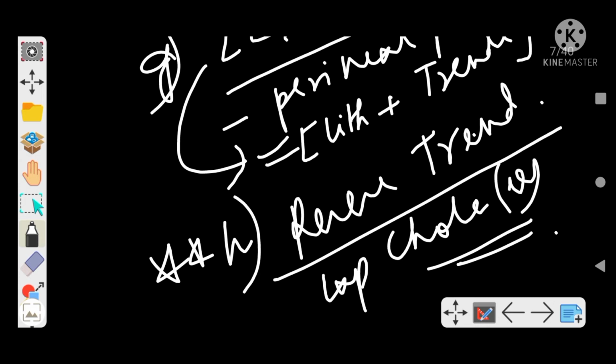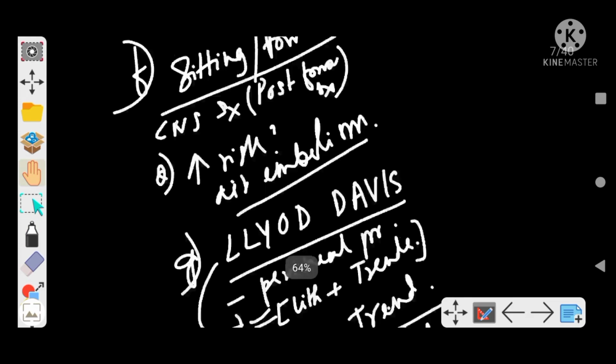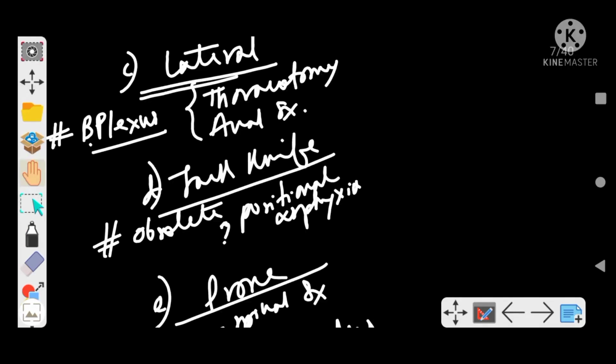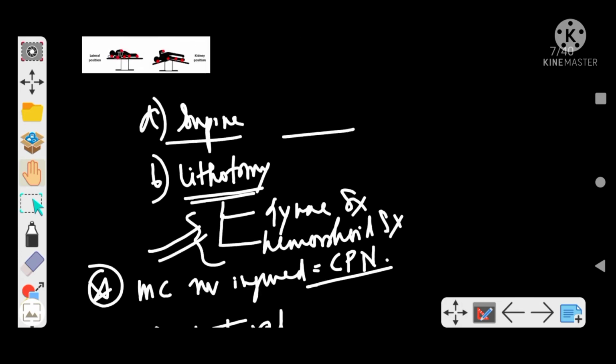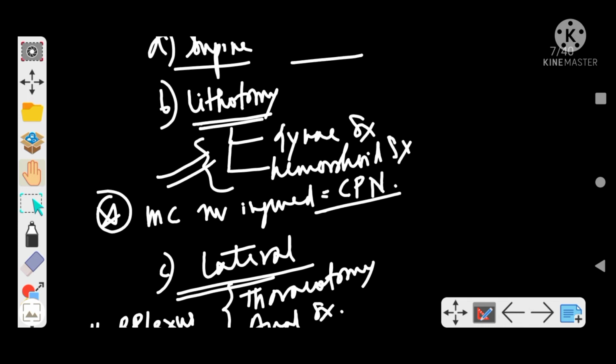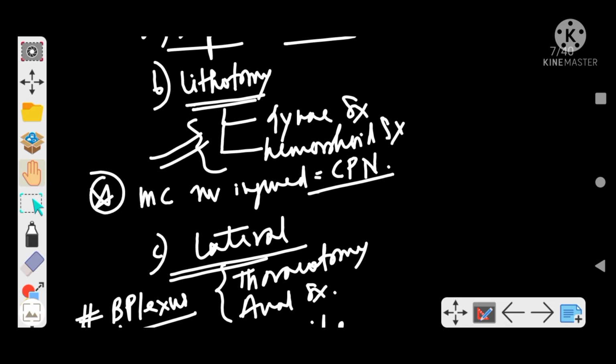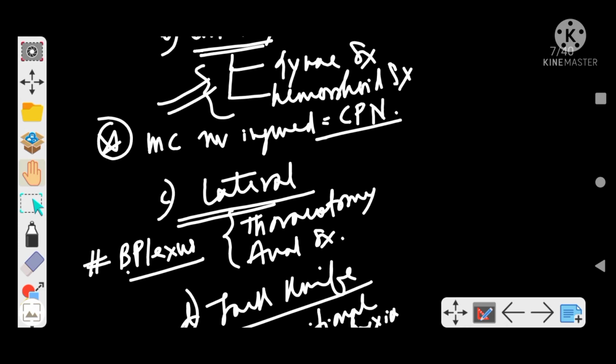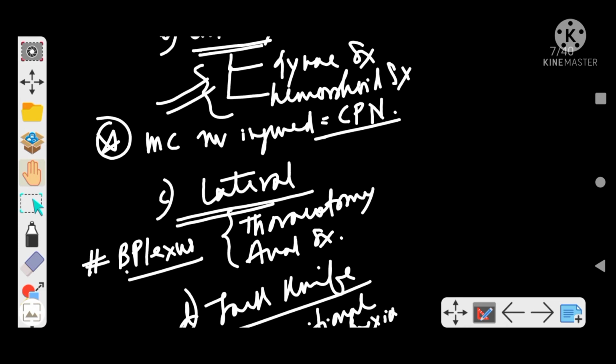So we will revise once, and then we will go back to the image, so that you will never forget, right? First I have discussed supine for maximum surgeries. Then there is lithotomy for gynae surgery and hemorrhoid surgery, and here the common peroneal nerve is most commonly injured.